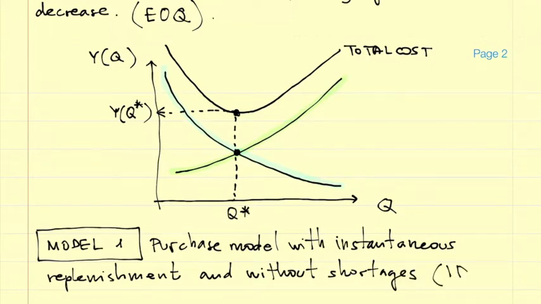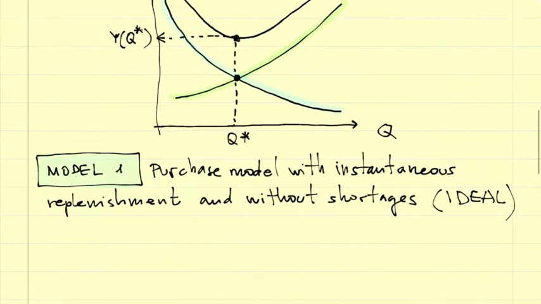So this is the ideal. The first of the models, we have seen this, so that's why I don't do it very detailed. You can go back and watch the videos before.